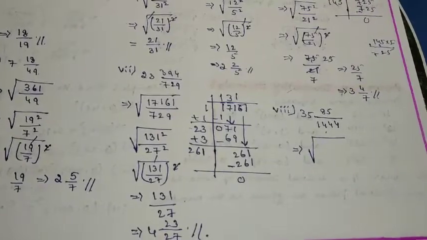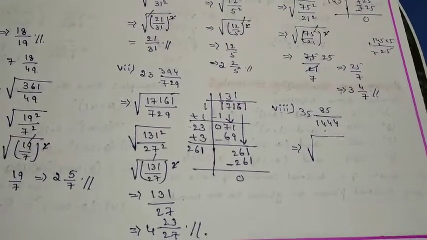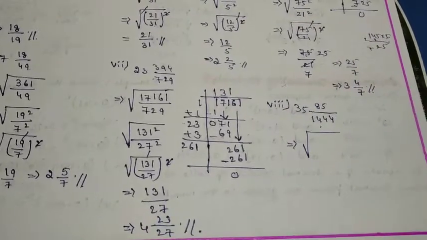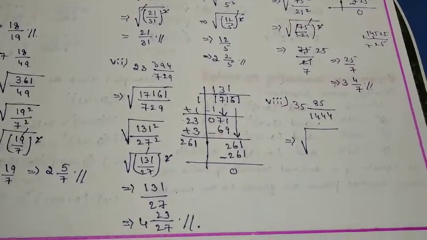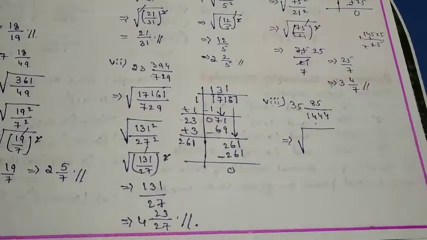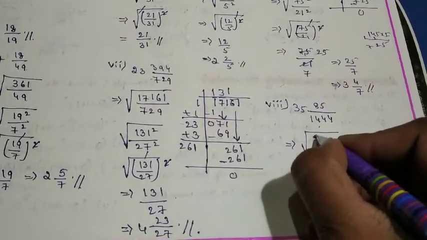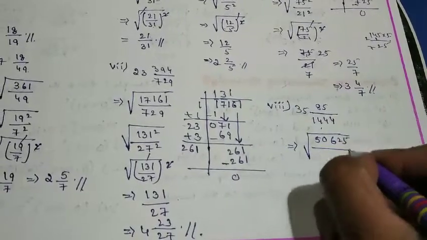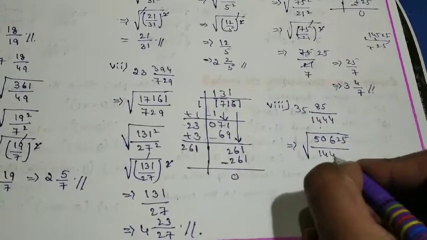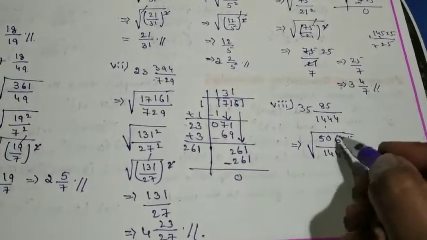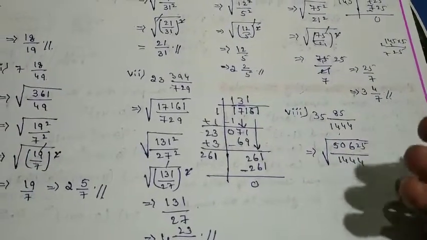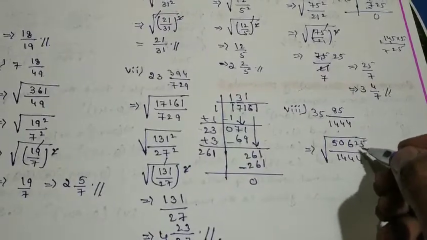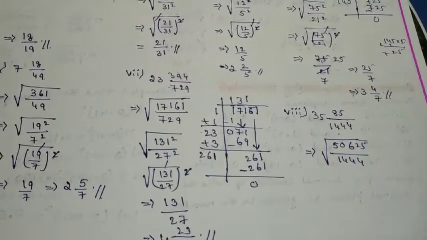1444 into 35 we need to do. We'll get 50,540, plus 85. If I add up, the final answer is 50,625 divided by 1,444. If there is any cancellation in numerator and denominator with a common factor, you can do cancellation. Since it is ending with 5, I hope it doesn't have any common factors.